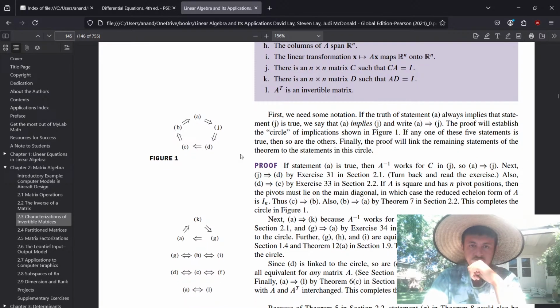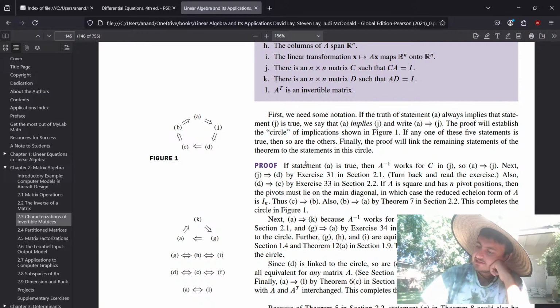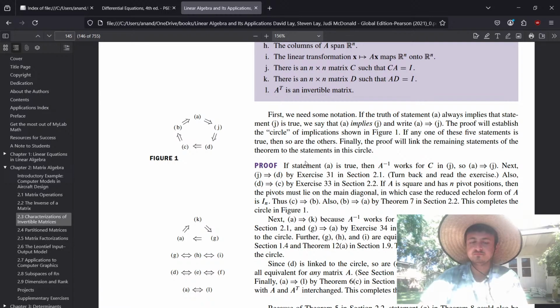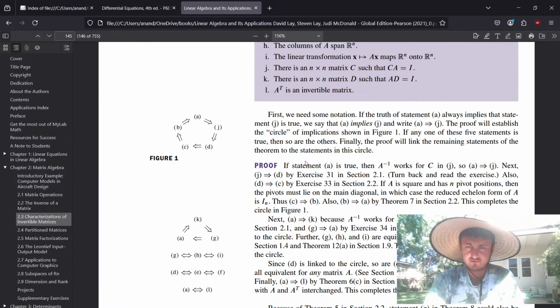Okay, next, J implies D, which is if there's a C such that C times A is the identity, then we only have the trivial solution.